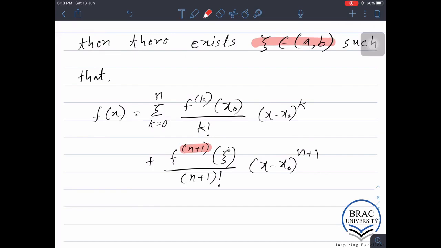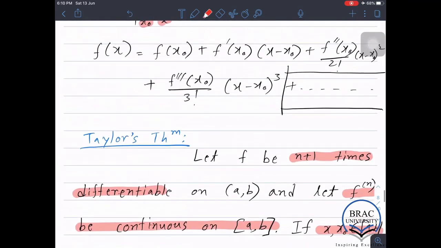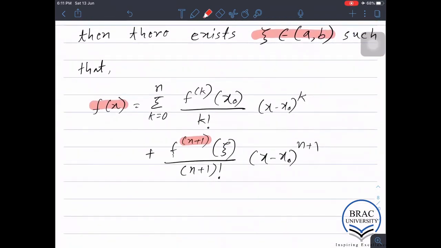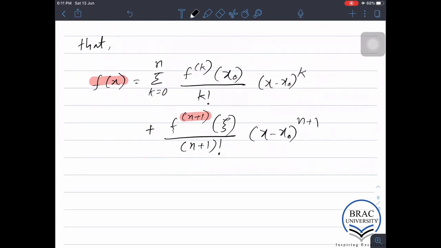Let's try to understand that this is my f of x, so this is my left hand side of this Taylor series. And as I was saying, look at this first term: it is the first n plus 1 terms in the Taylor series. Why? Let's see that. If you start from 0, then if you take 0 derivatives of a function, it's the function itself. So the first term is just f of x0 divided by 0 factorial, which is 1, and (x minus x0) to the power 0, which is just 1.